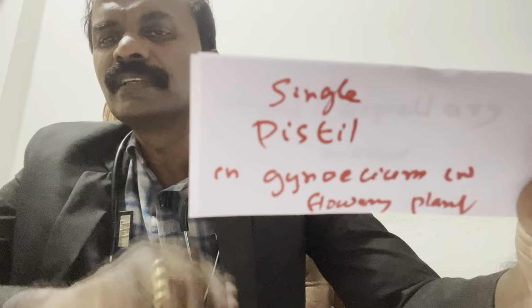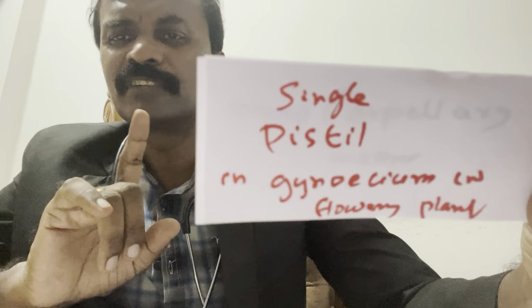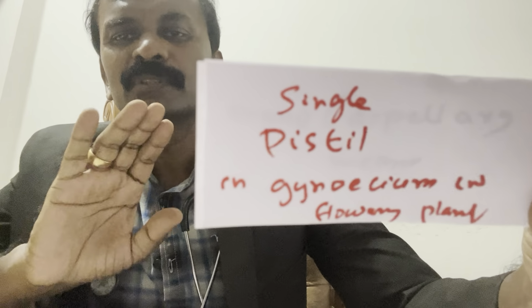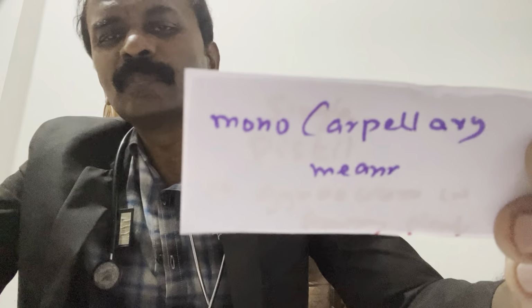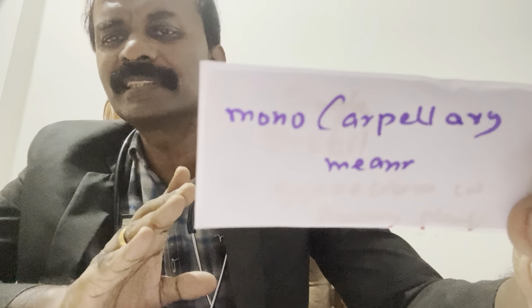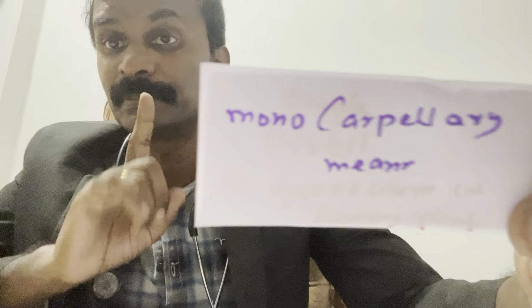Carpellary is related to gynoecium. That you must not forget. Separate MCQ point. So single pistil in gynoecium of flowering plants. That word is related to monocarpellary. Carpellary means pistil of gynoecium, not androecium.